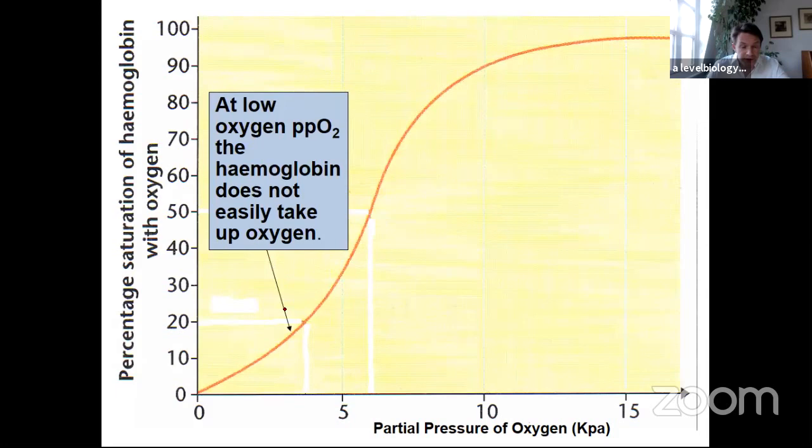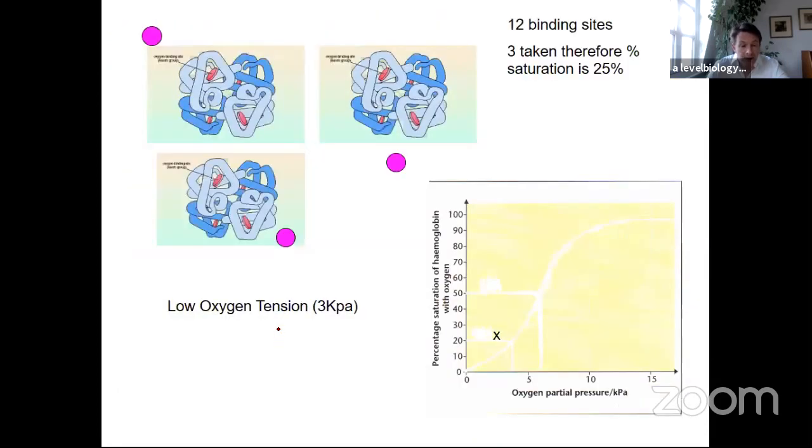So just to go over these points again, because I know it's something that's a bit of a challenge sometimes. At low partial pressures of oxygen, the hemoglobin doesn't take up oxygen very readily. And that's because when you've got, say, a partial pressure down here of about 3 kilopascals of oxygen, then 1, 2, 3 of the possible binding sites that are shown here.